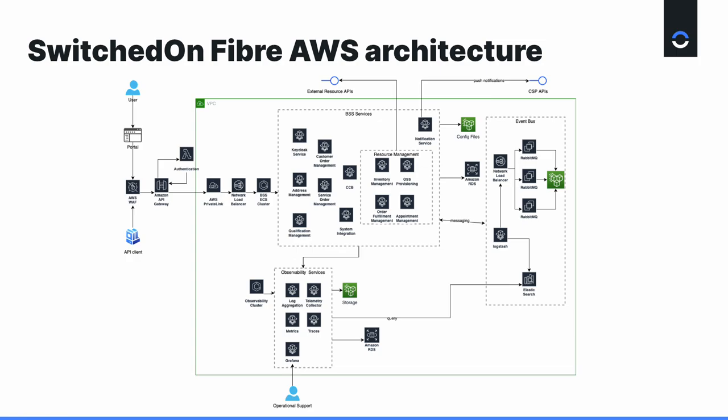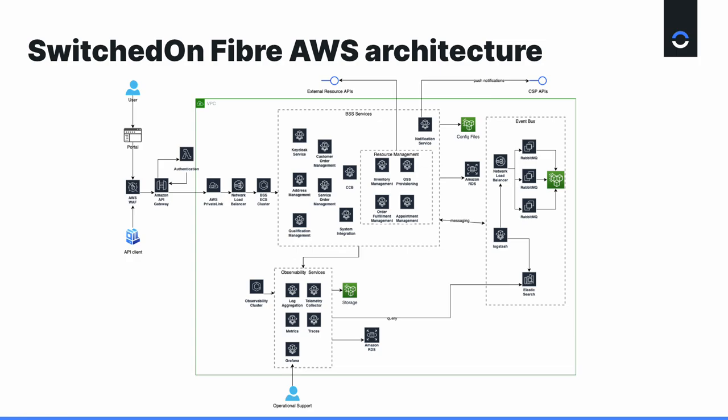So our architecture is event-based, and our application is based on microservices. And according to the project flow, we have here our core BSS services like address management, qualification management, order management, and also order fulfillment management.